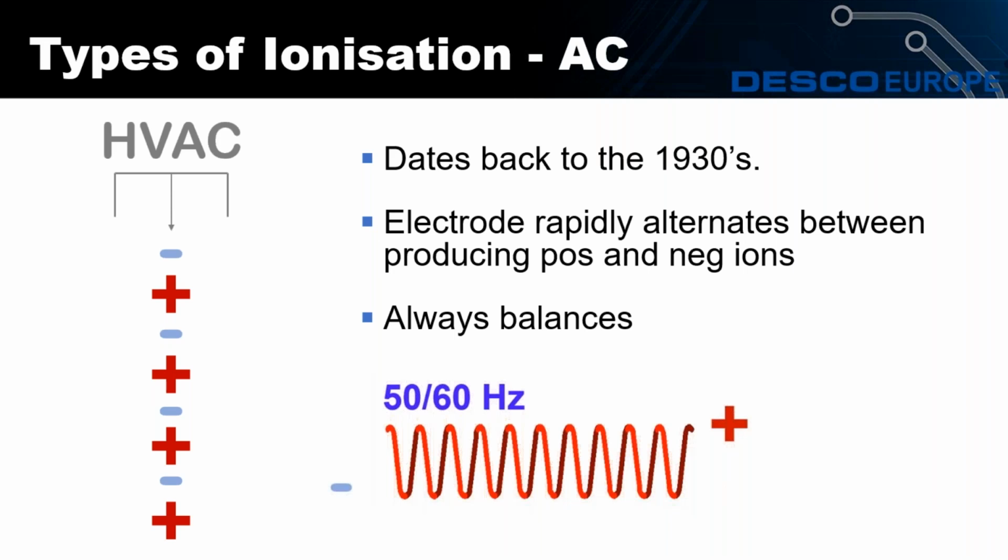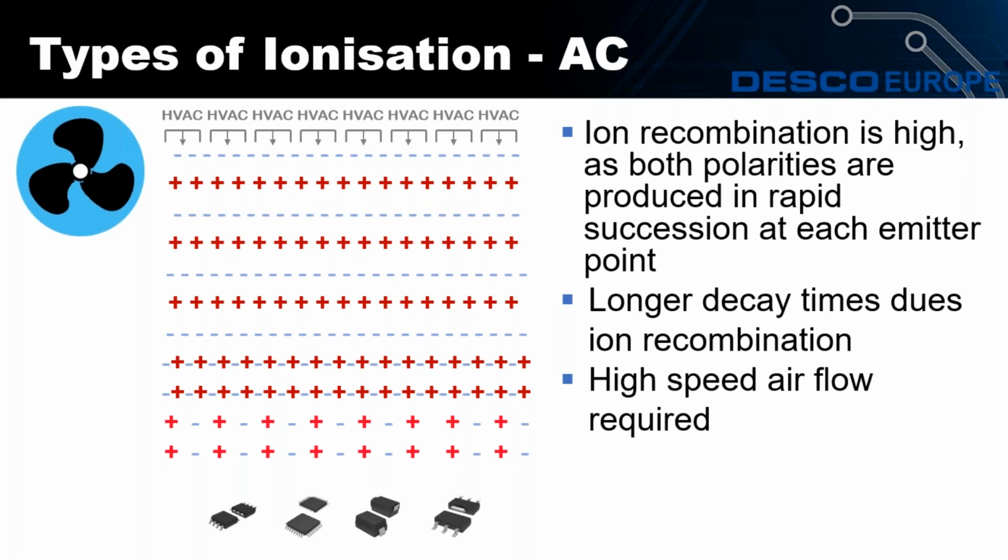It always balances, but what it requires is a high speed airflow, because with this technology, as you can see here in the graphic, it's got the emitter pins here along the top, and what it does, it will alternate between producing positive and negative ions. Now, the downside to this is that it can result in longer decay times due to ion recombination.